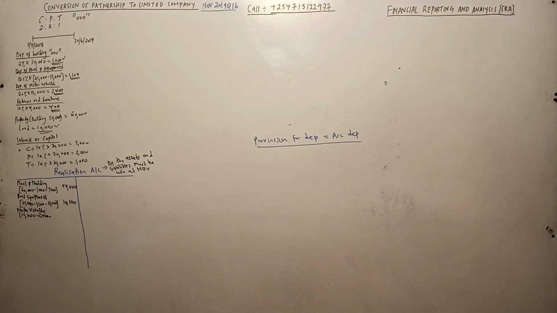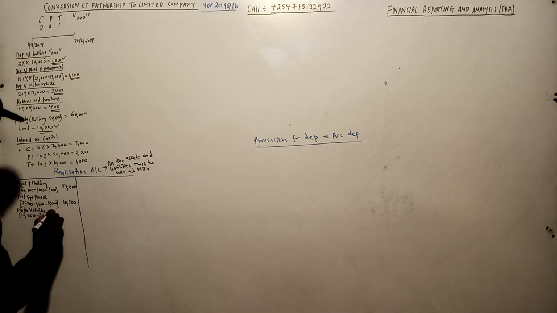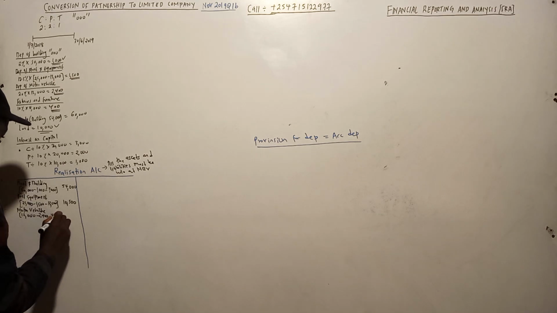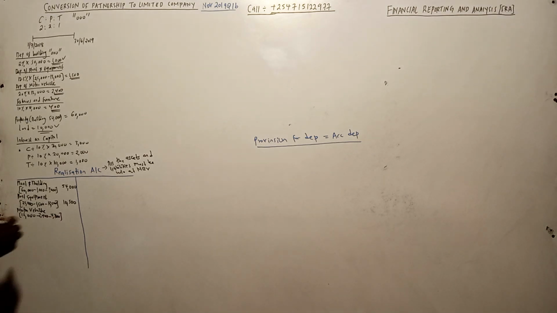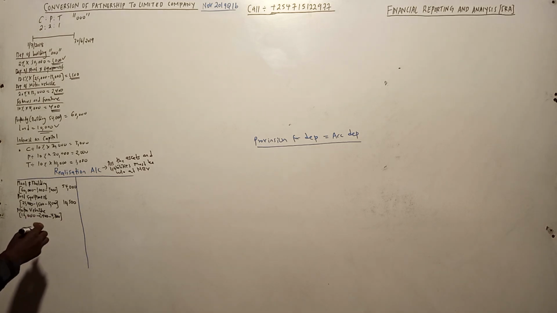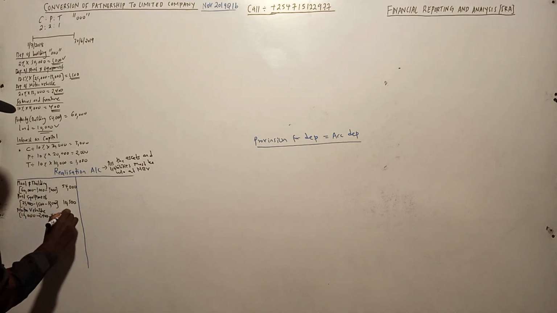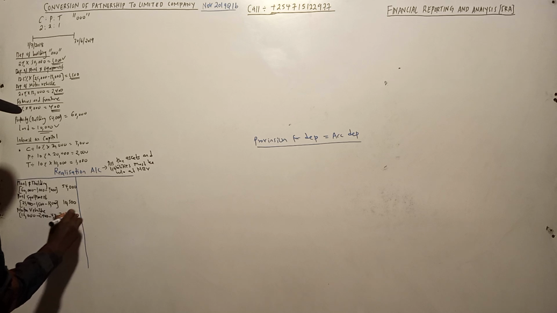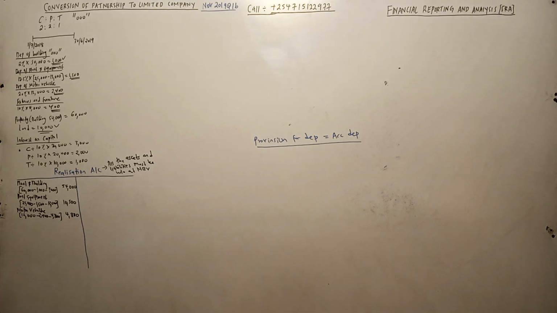Then you are supposed to less the accumulated depreciation, which is 4,800. So how much would that be? It will be equal to 4,800 also. So that will be the net book value.